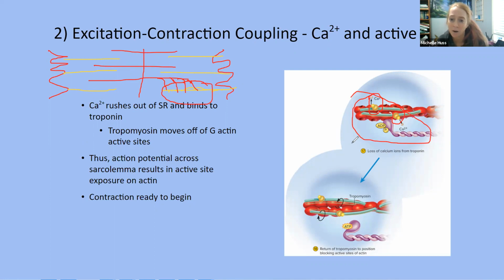Myosin grabs on to actin. When this happens, this is called a cross bridge, okay? And it is in your notes. It says attachment of myosin head to actin to form cross bridge.